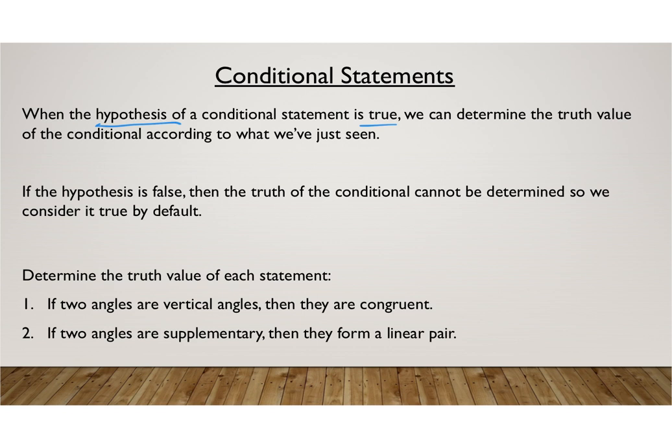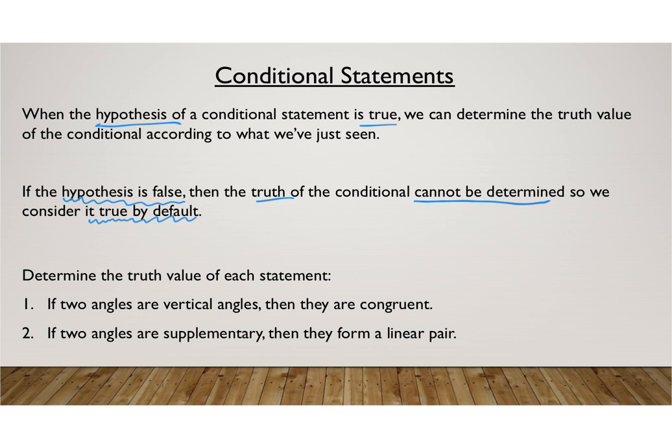If the hypothesis is true and the conclusion is true, then it works. If the hypothesis is true and the conclusion isn't true, then it doesn't work. However, when the hypothesis is false, then the truth value cannot be determined. And if you can't determine whether it's true or false, the statement is just considered true by default.